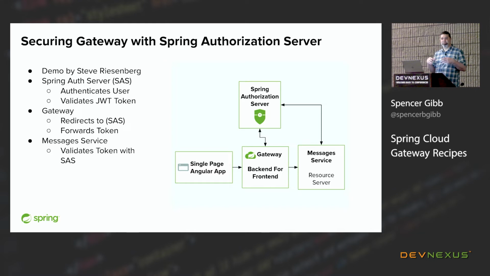The gateway is configured to redirect to the Spring Authorization Server for authentication. It also has a special filter that forwards the token to the downstream service. This is just a very simple messaging service, and it validates the token with Spring Authorization Server. So that's how all things work. And our front end, in this particular case, is an Angular app that I did not write.